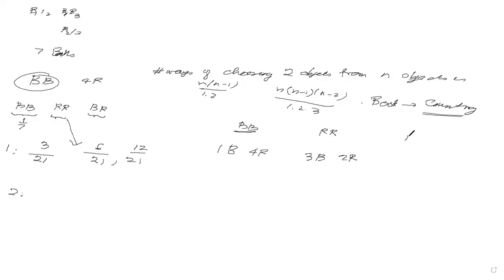And likewise, if you took out an R and a B, you'll have 1 B taken out, so you got 2 B's, and 1 R has been taken out, so you have 3 R's. So in each case, this is what remains. Here, this is what remains, and here, this is what remains. Right.